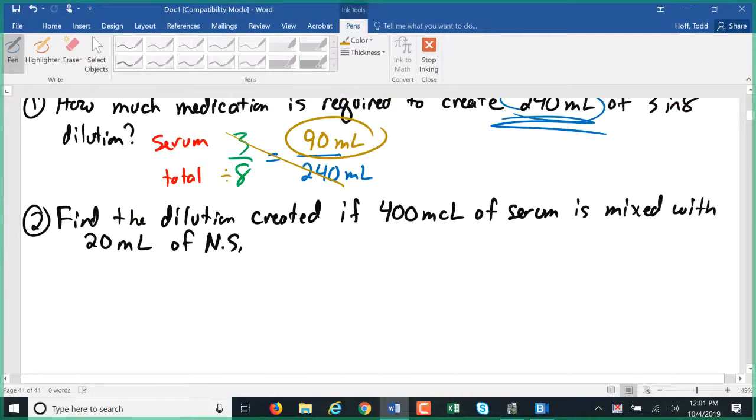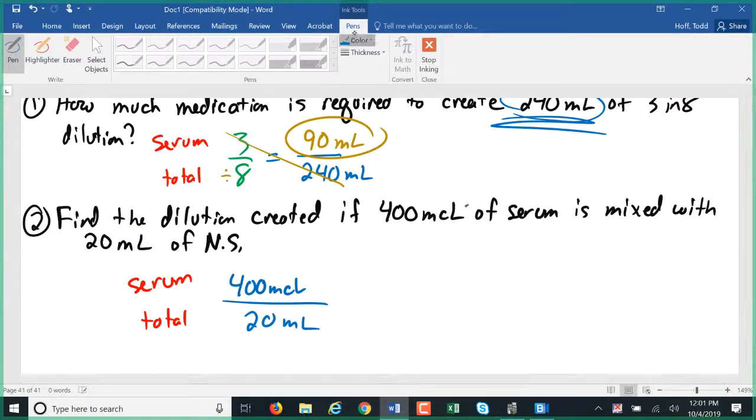The second one, what dilution is created? So remember, the dilution is serum to total. You put in 400 microliters of serum and 20 milliliters of total. One of these has to be changed.